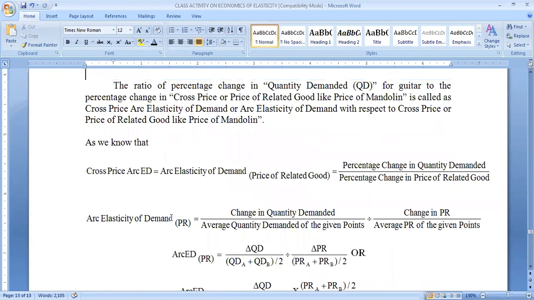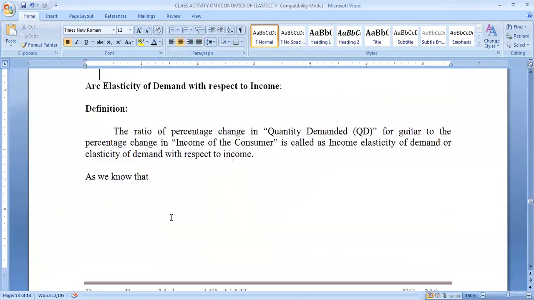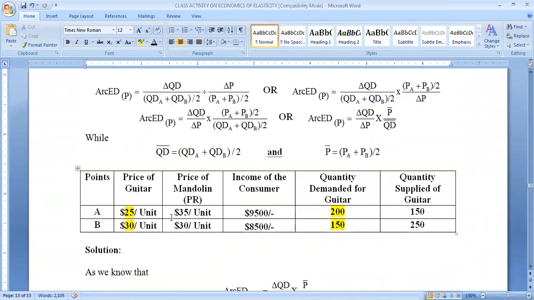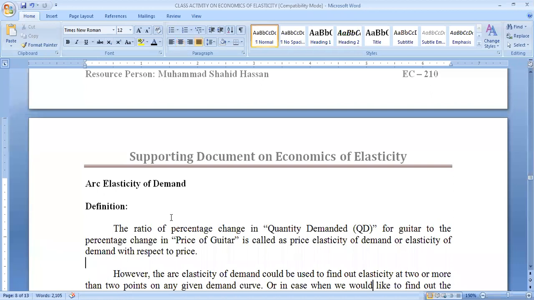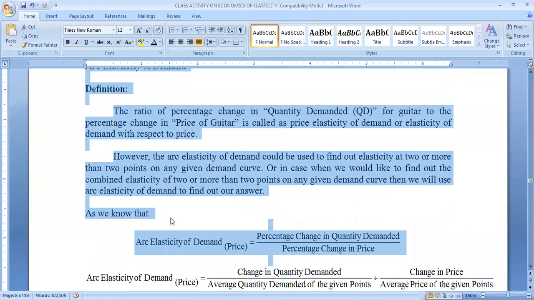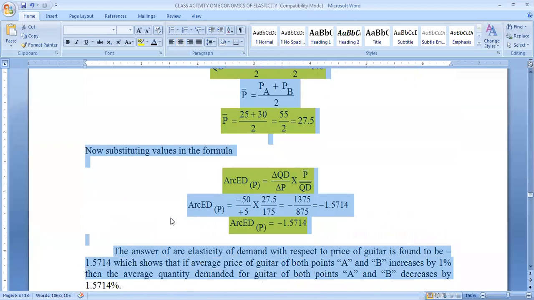Now let's move towards question number 9, which is finding out elasticity of supply, arc elasticity of supply, right? So let me copy this information from here to answer my next question.